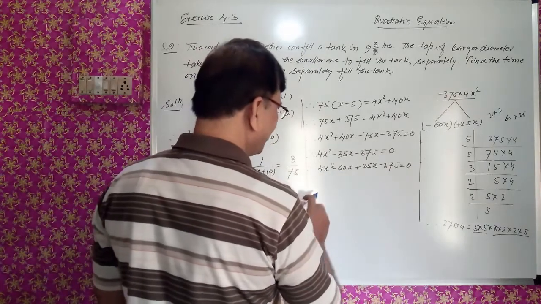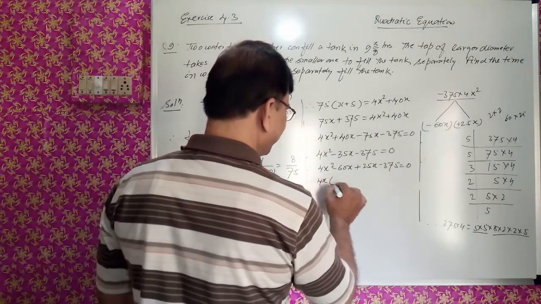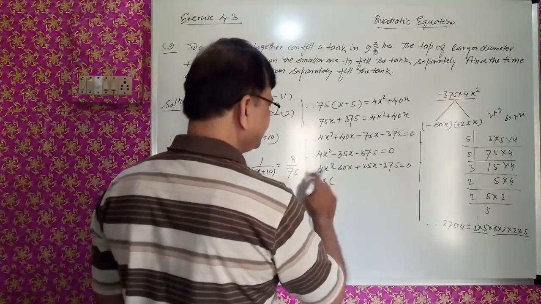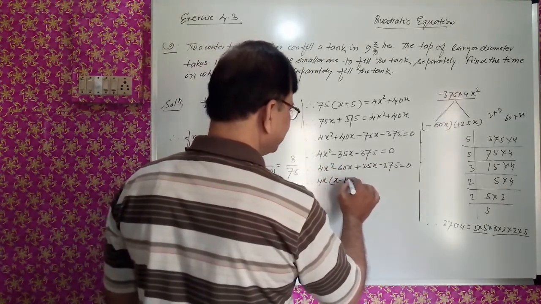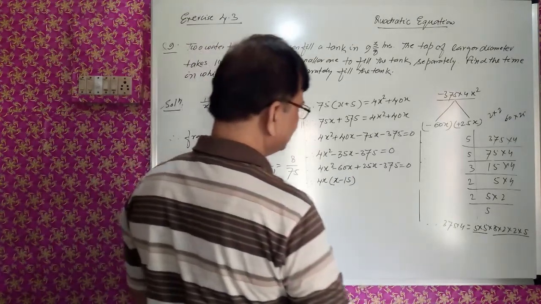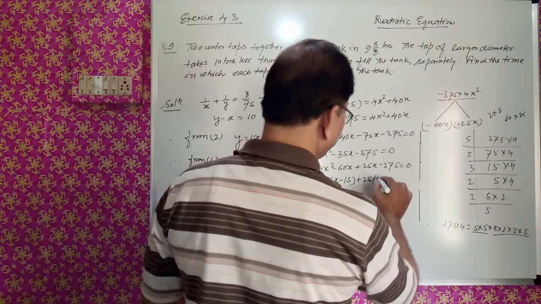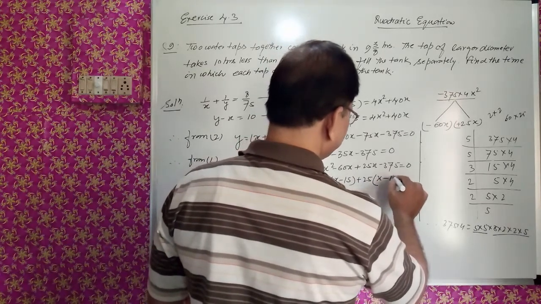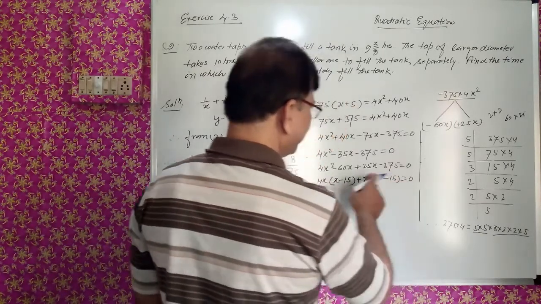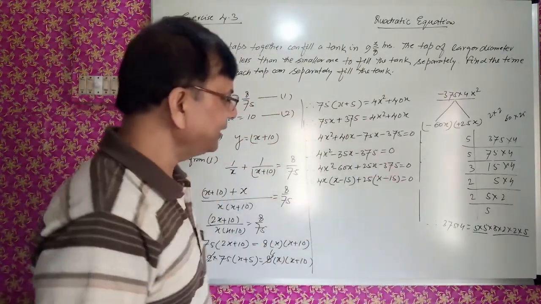So how much we will take common from this? Therefore, 4x can be taken common. So we get x minus 15, isn't it? So plus 25 we can take common, x minus 15 it will be. If you multiply 15 by 25, it will be 375.